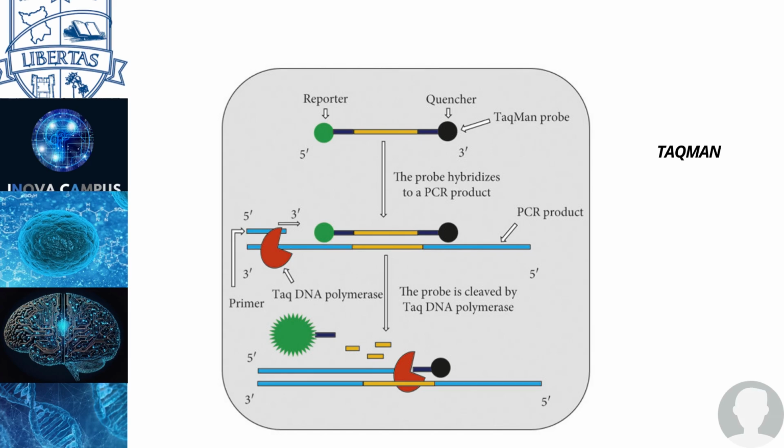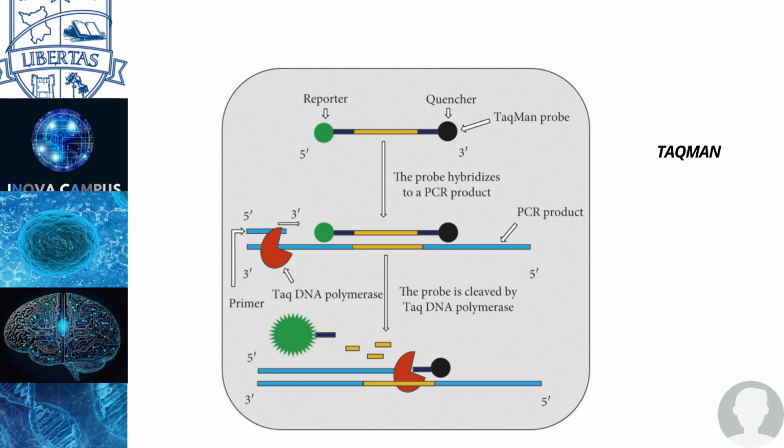So we're going to use the same machine as we used in Cyber Green, that is the Applied Biosystems, to see if it is glowing a lot or just a little.